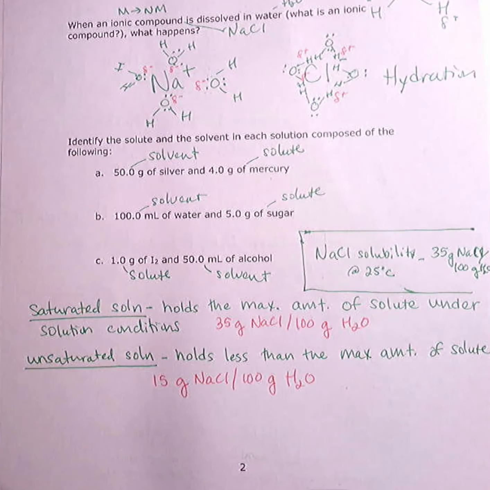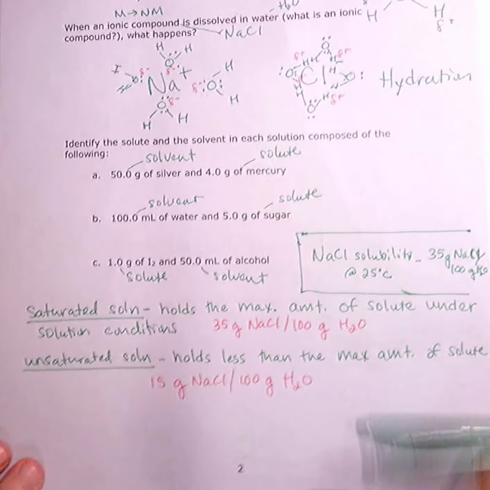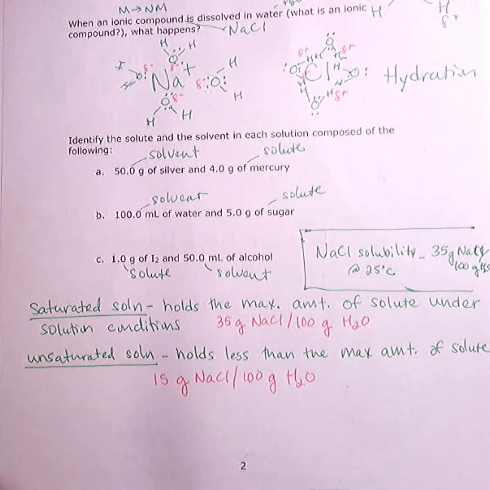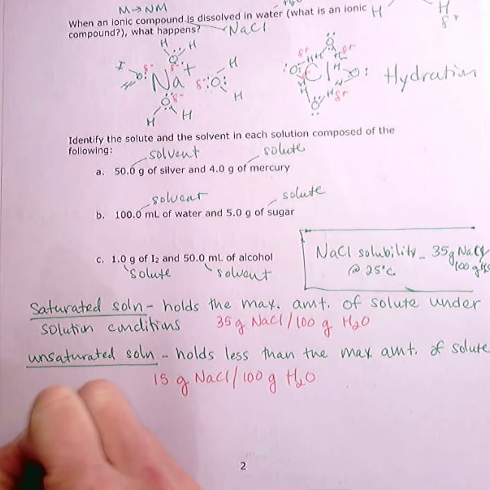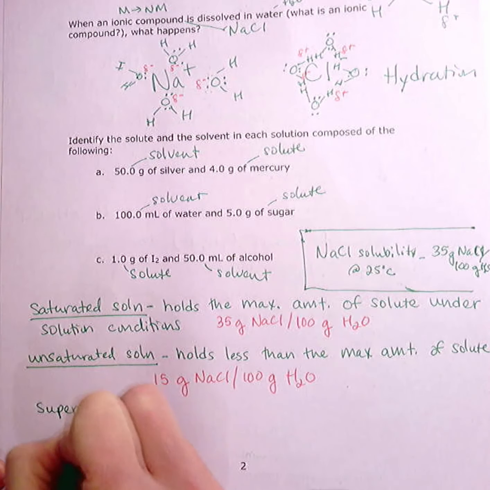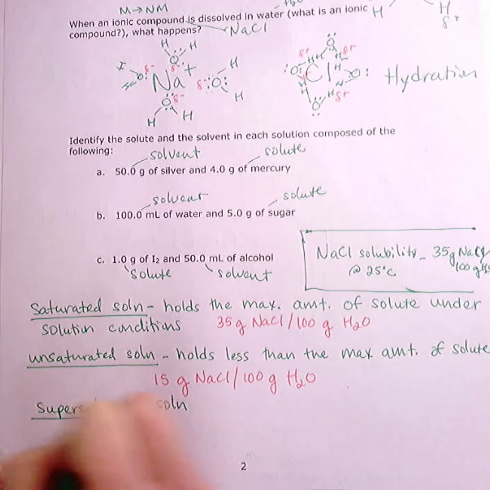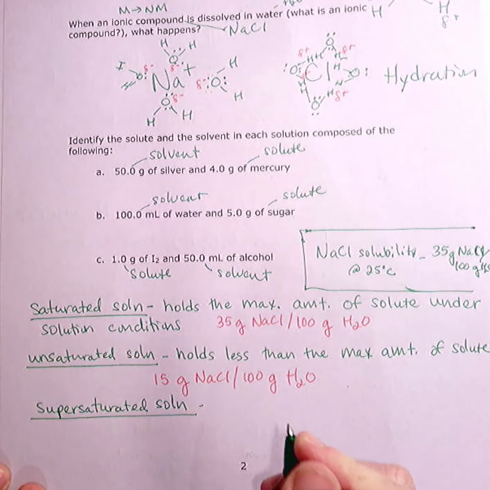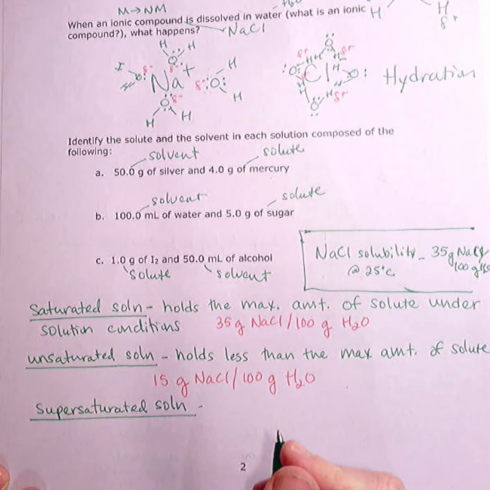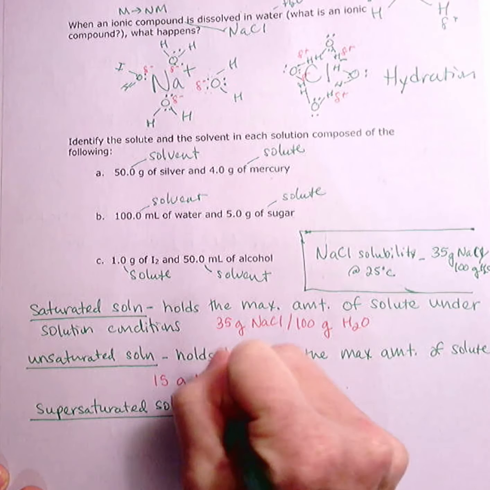So I could still dissolve 20 more grams of sodium chloride. So it's unsaturated. Can still get more dissolved. All right, and lastly, we have the supersaturated solution. This holds more than the normal maximum amount of solute.